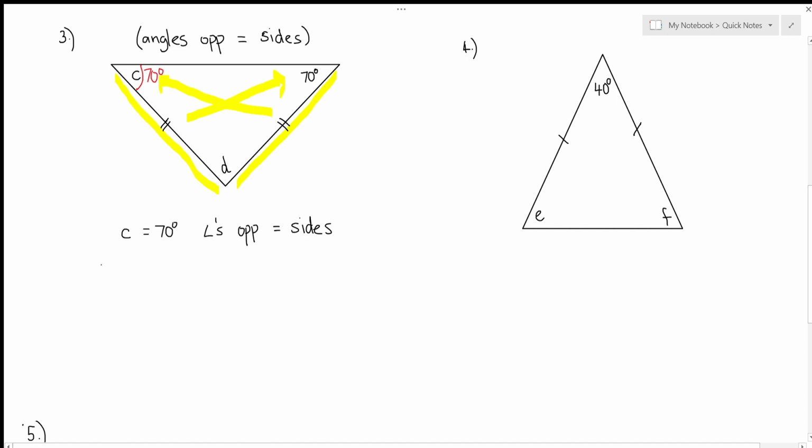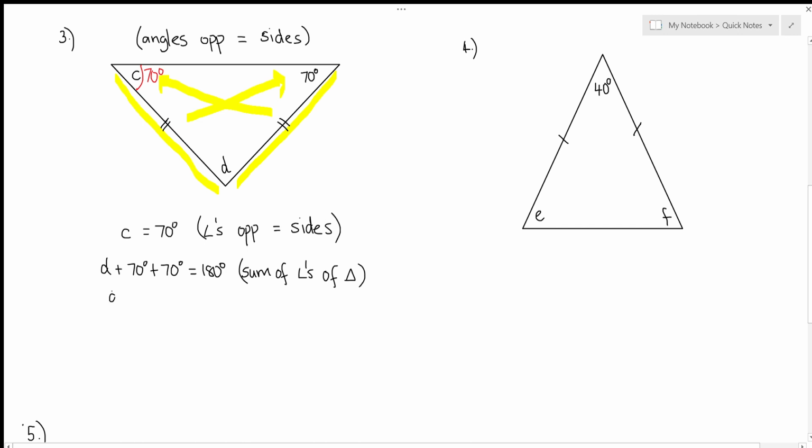And then to work out D, we know that angles in a triangle add up to 180. So we're going to go D plus 70 degrees plus 70 degrees is equal to 180 degrees. Sum of angles of triangle, I'm going to put that in brackets.